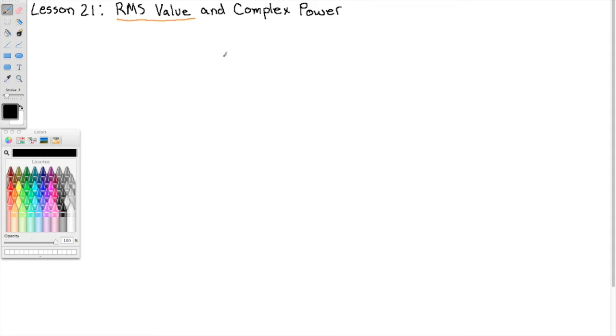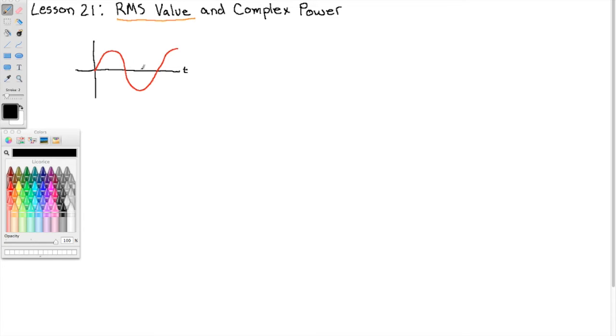So we wanted the DC equivalent of the AC's average power. So let's look at a voltage or a current sinusoid. We'll just keep it general for now. We won't say this is a voltage or a current. We'll just say it's a sinusoid.